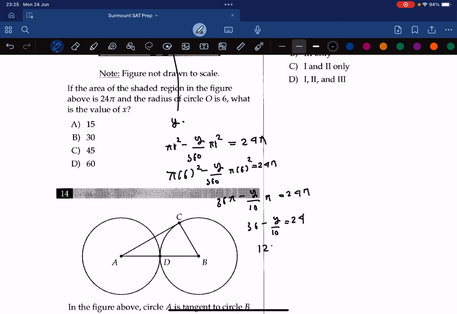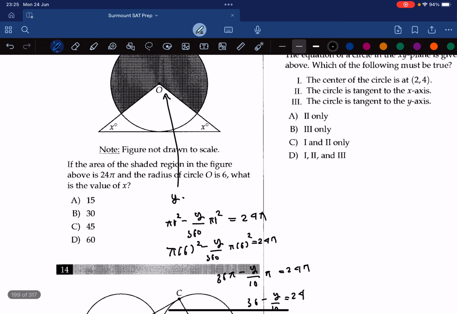So 12 is equal to y over 10. Thus, y is equal to 120. And if y is 120, then x and x have to add up to 60, right? So if 2 x's add up to 60, then x must be 30. So the answer is B.